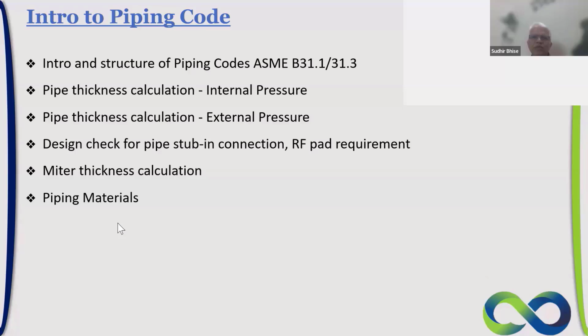Although it gives some reference to the ASME BPV code, for piping there is going to be limited application, and we are going to see only that part of the piping where we use this external pressure thickness calculation. Then we are going to see the design check for stub-in connections, RF pad requirements, miter thickness calculations, and various piping materials which are required in the industry for petrochemicals, chemical plants, and power plants.